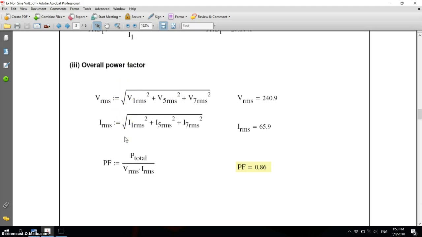And then from the general equation, which is P total equals VRMS IRMS multiplied by the power factor, from the answer just now on the total power and also the VRMS and IRMS, we can determine the overall power factor, which is 0.86.